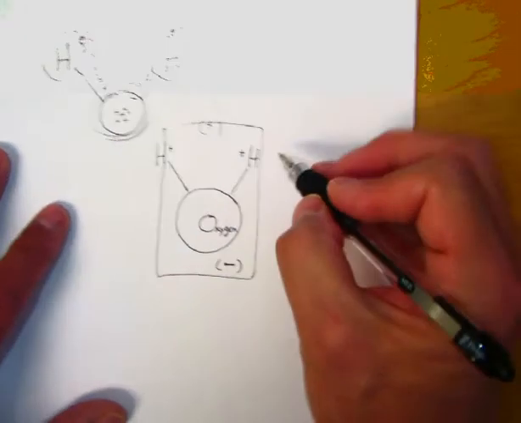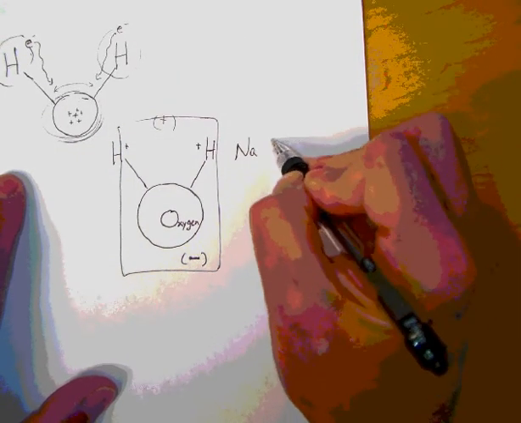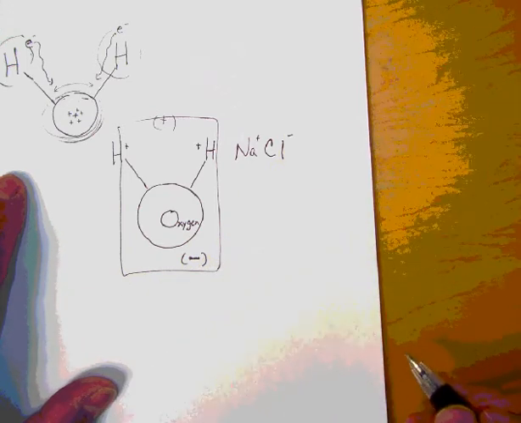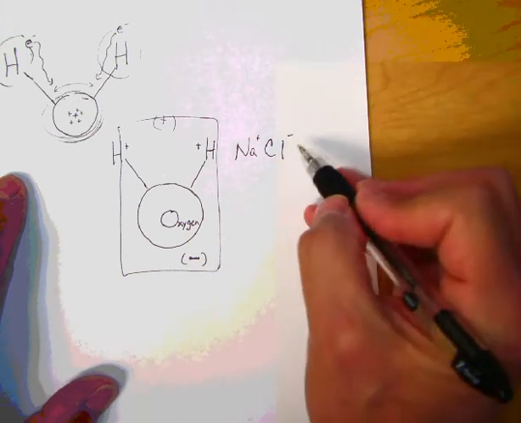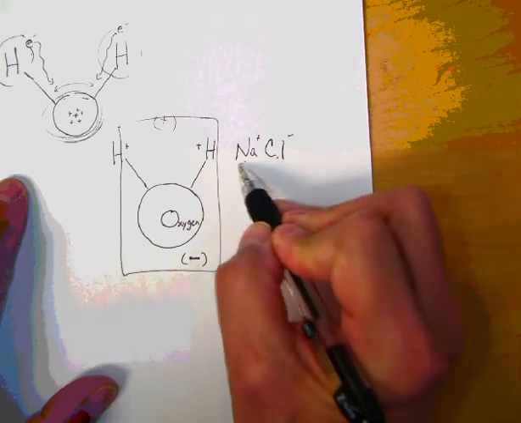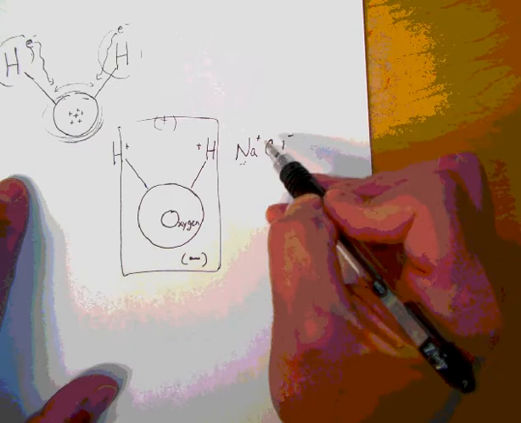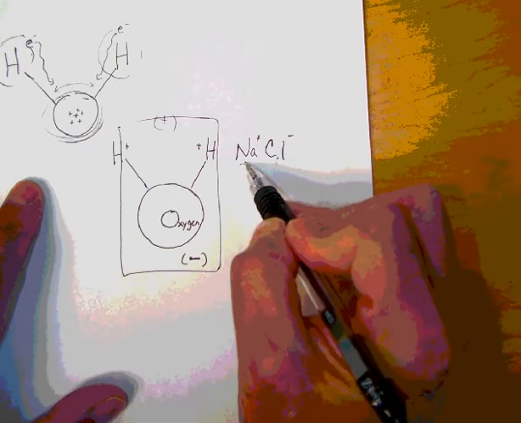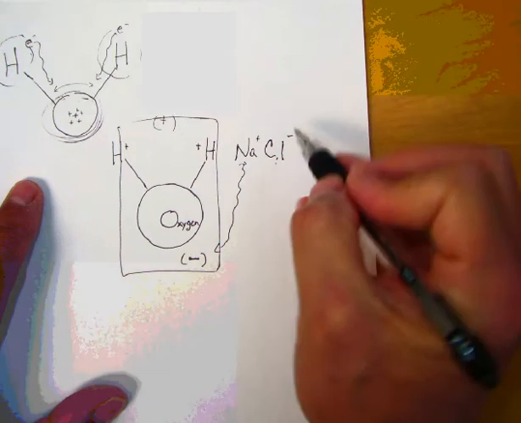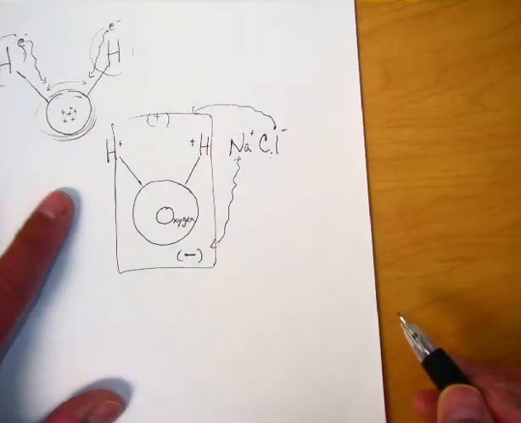And so atoms or substances like salt, NaCl, Na has a positive charge and Cl has a slightly negative charge. If you mix salt, this is sodium chloride, into water, the sodium, which is positively charged, is attracted to that side. And the chlorine, which is negatively charged, is attracted to that side.